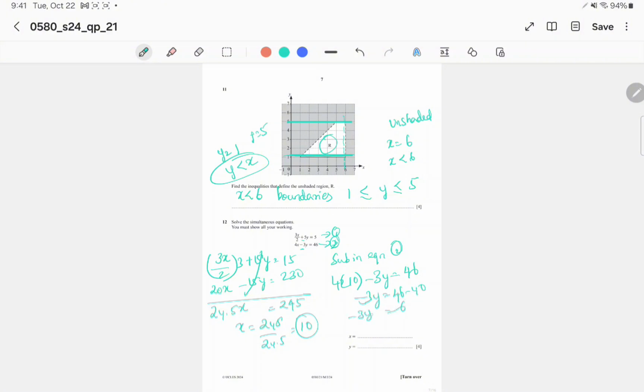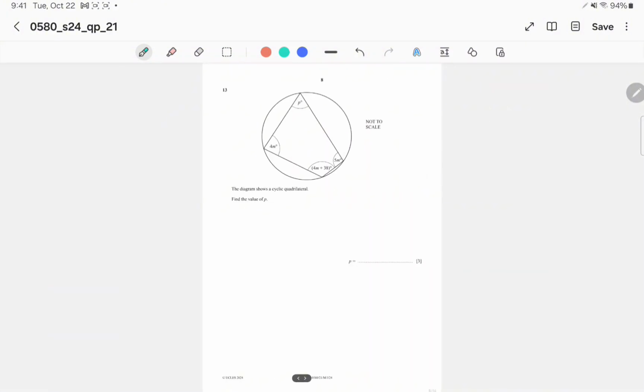So y is equal to 6 divided by minus 3 equal to minus 2. Oh, I am moving this side, so it is positive. Sorry, I made a mistake. So y is plus 2 when moving across. So x is equal to 10, y is equal to 2.